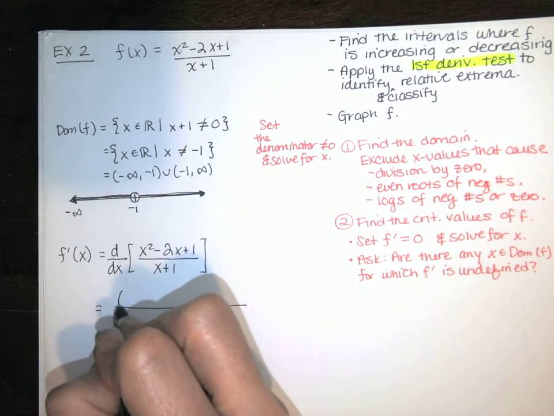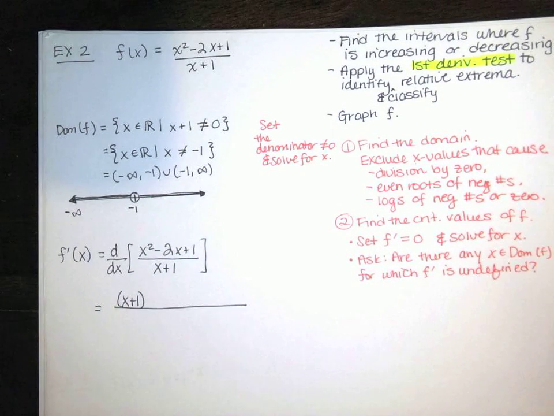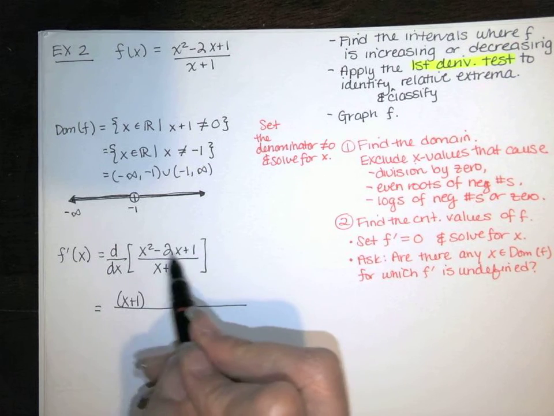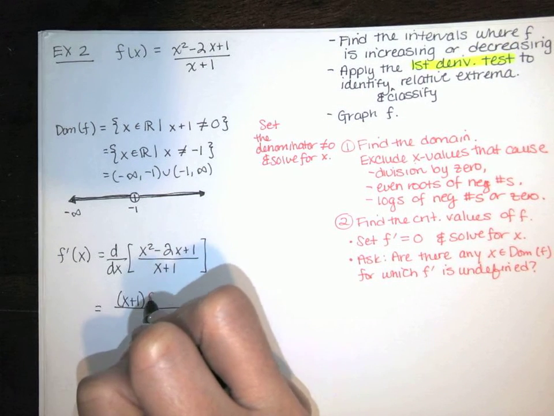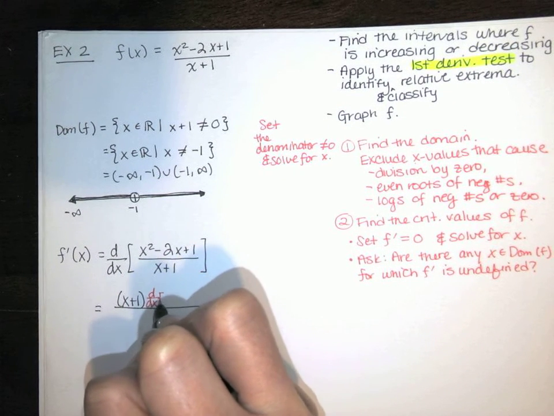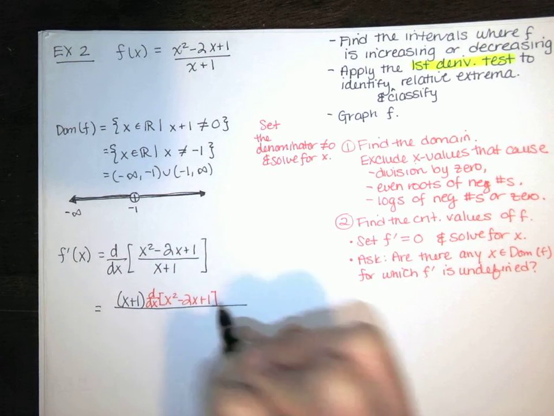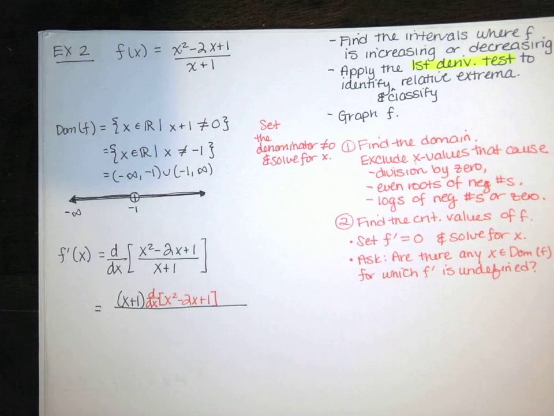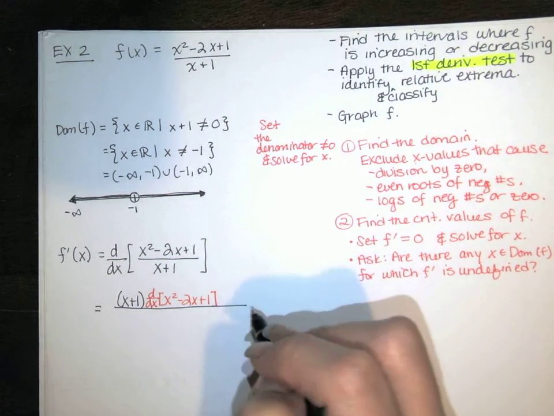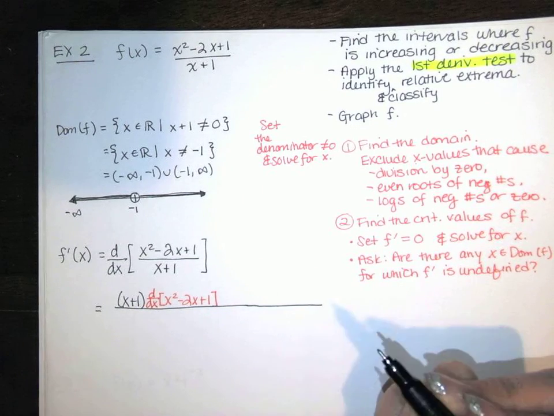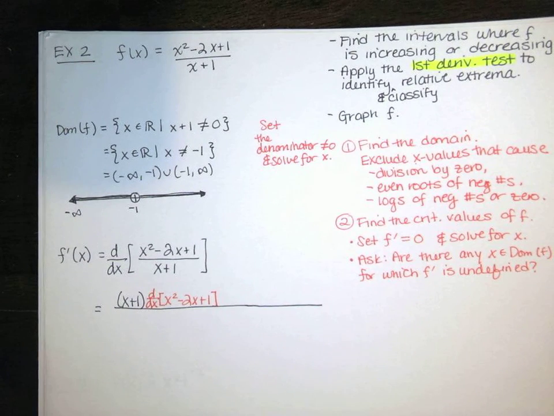So the bottom function times the derivative of the top function. You can write that out if you want to. If you're ready, if you say to yourself, Miss Townsend, I don't need that step, if you feel ready, go ahead and skip it. If not, just go ahead and write out the rule.